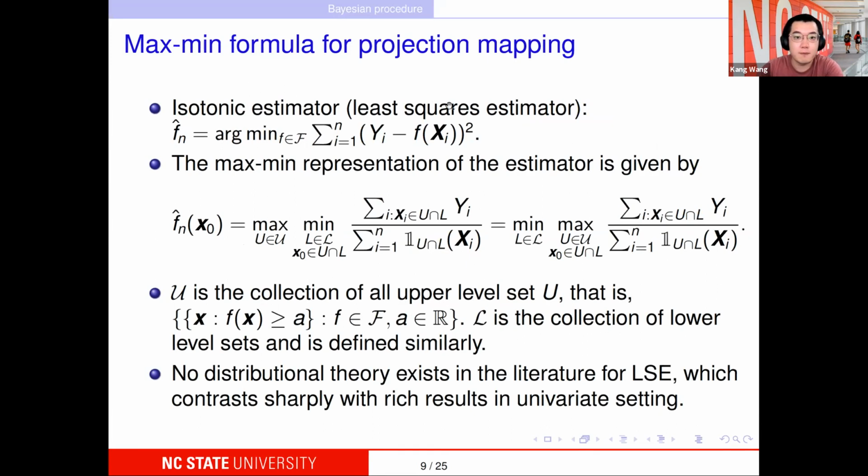First, the projection estimator, which is the least squares estimator in multivariate isotonic regression or multivariate monotone regression, just minimizes the squared Euclidean distance between the observed response and the candidate F evaluated at the observed covariates.